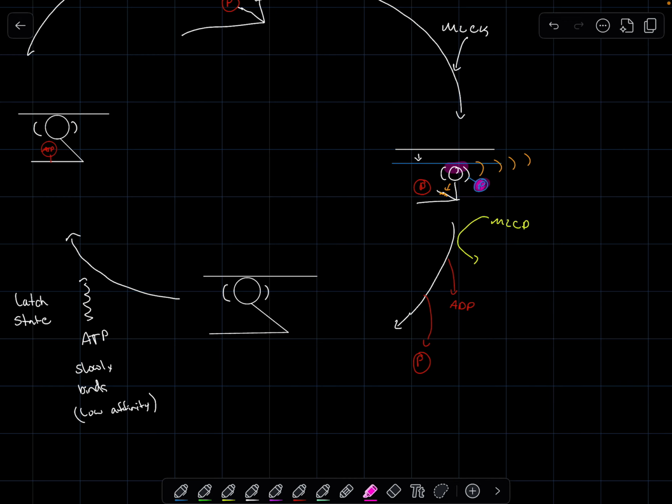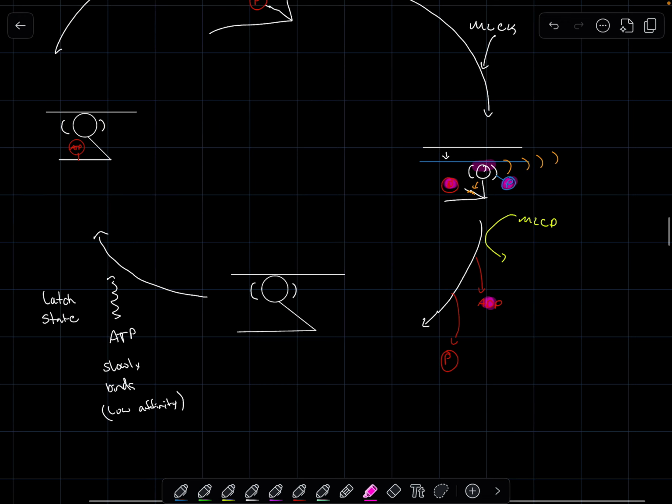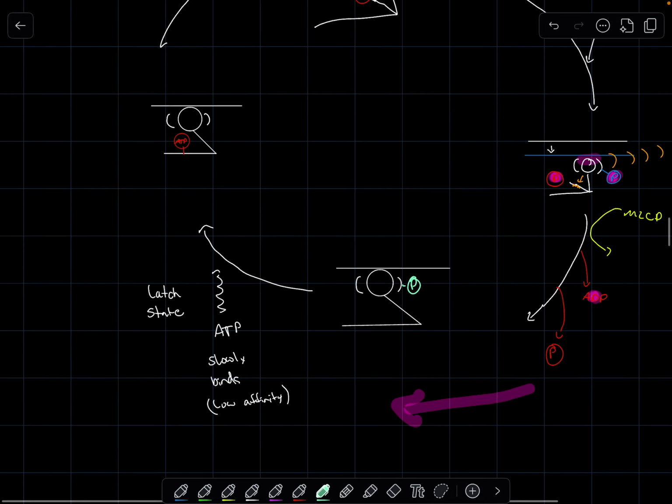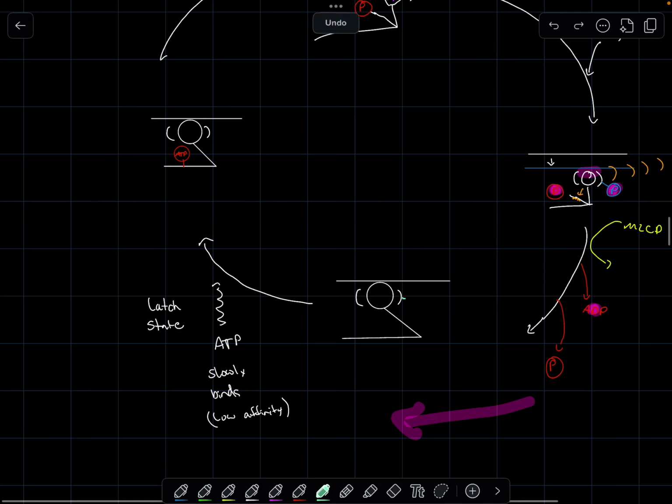So this blue one comes off, and this red one comes off, and ADP comes off. We just had this power stroke, but now we can't go back because we don't have a phosphate here. And we don't have ADP or phosphate from the ADP attached. So now we're just contracted.